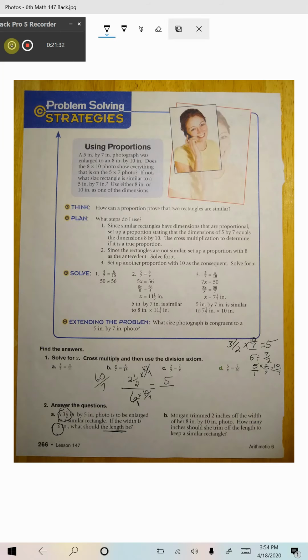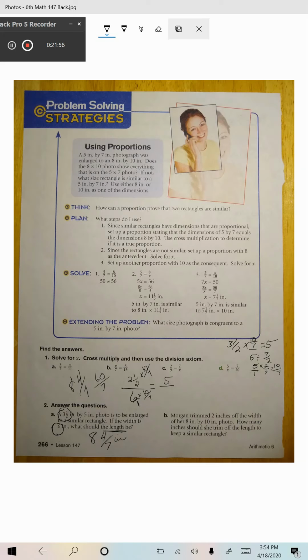And then 7 goes into 60 8 times, which would be 56. 60 minus 56 is 4. And keep the 7. So after all that, it's 8 4/7 inches. Crazy. Crazy question, right?